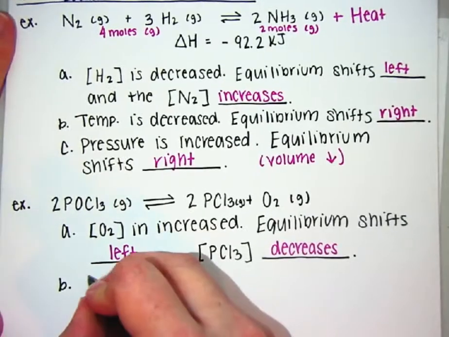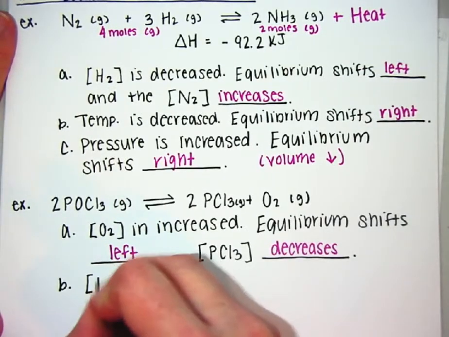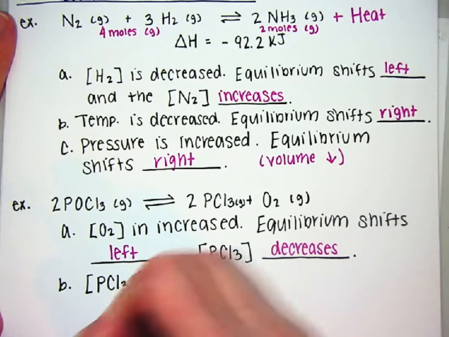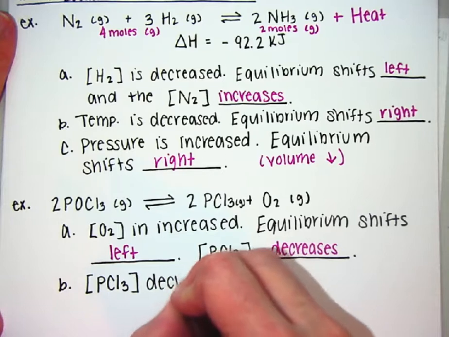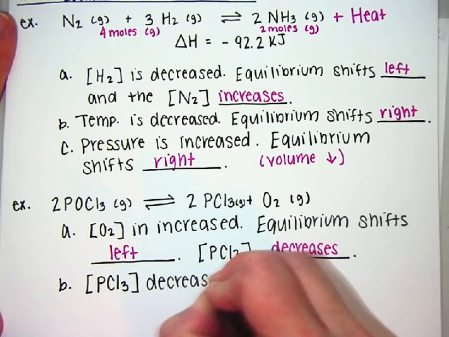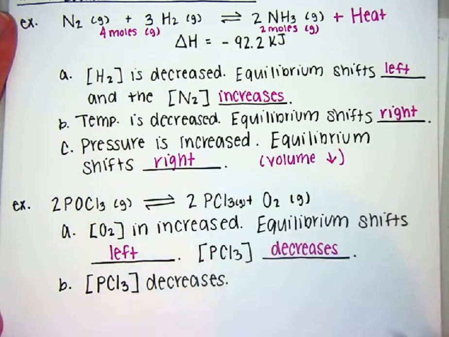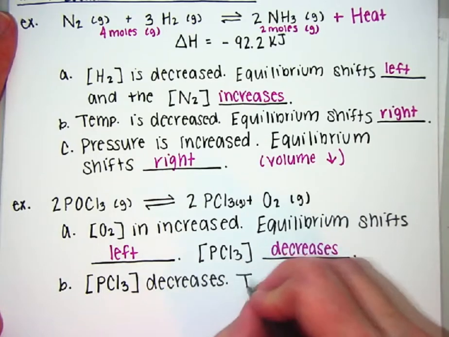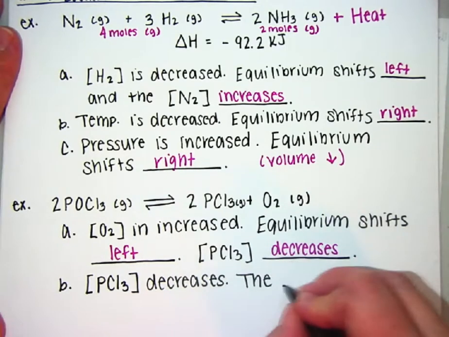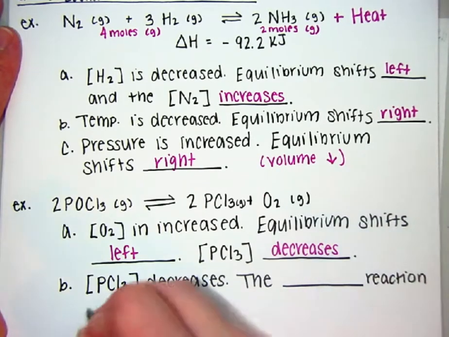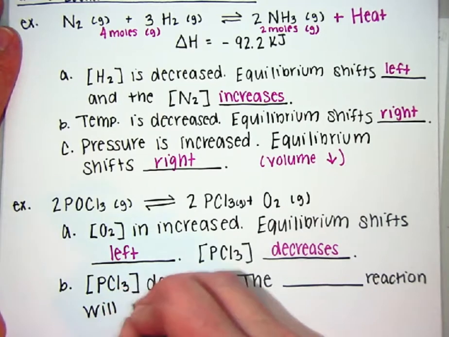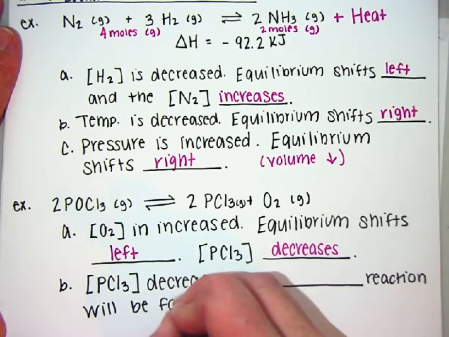Question B. The concentration of phosphorus trichloride decreases. The forward or reverse reaction will be favored.